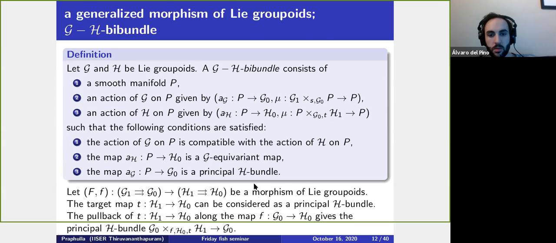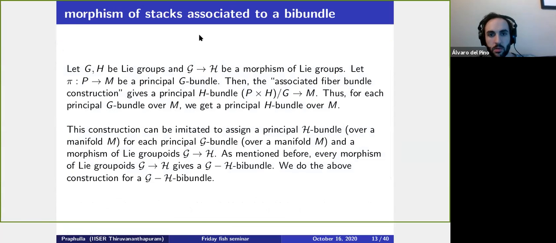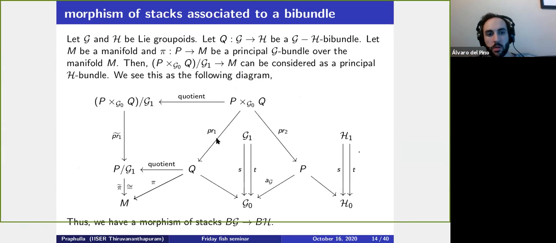Now, as I mentioned before, for every Morrison Lie group points, you can associate a Morrison stacks. But bibundles are a more general version of Morrison Lie group points. So I'm saying for a bibundle also, I can associate a Morrison stacks. That I'm doing in the following diagram.